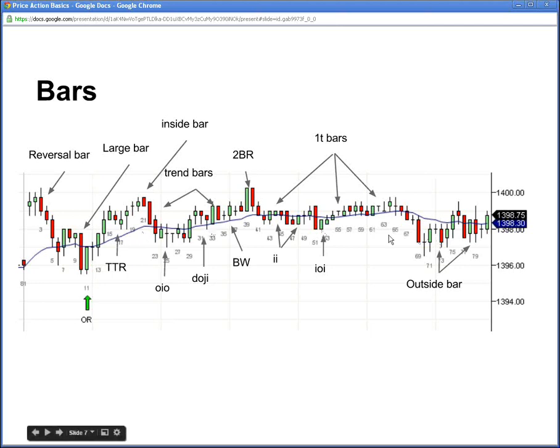So anyway, we already spoke about bar composition, and if you look at these bars, it should be fairly obvious that these bars on a higher time frame represent something like a doji. So a trend close here does not actually mean anything.